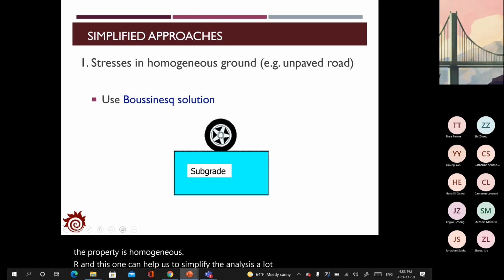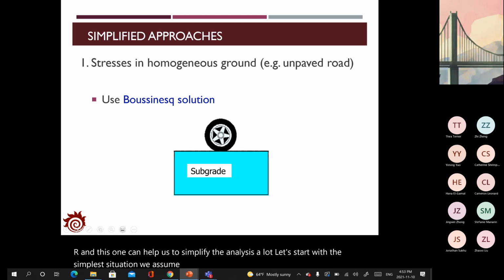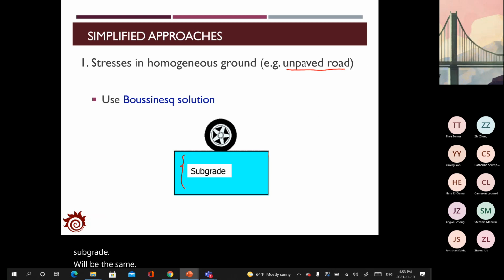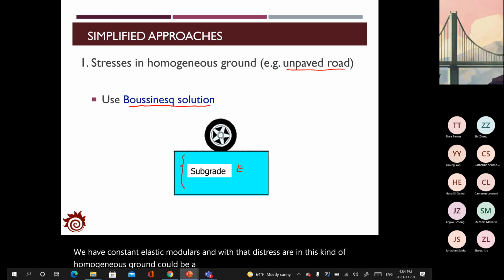Let's start with the simplest situation. We assume that there isn't any layers for the pavement structure, which is just like the unpaved road. Then the properties of the subgrade will be the same. We have constant elastic modulus, and with that, the stress in this kind of homogeneous ground could be evaluated based on the Boussinesq solution.